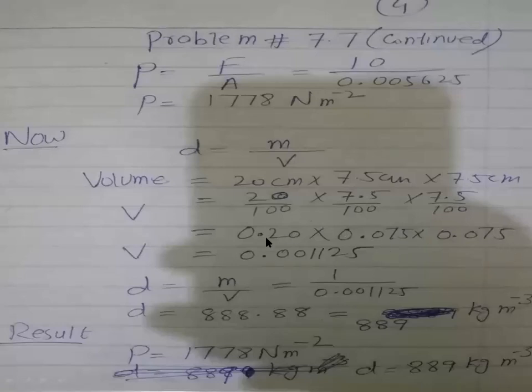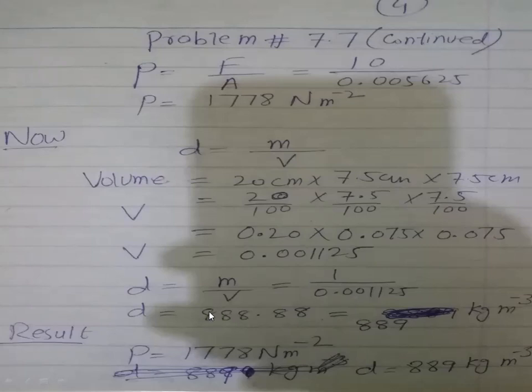If you multiply 0.20 by 0.075 by 0.075, you will get volume 0.001125. Please write down the unit here, meter cube, because I have converted centimeter cube into meter cube. The SI unit of volume is meter cube. So please write volume is equal to 0.001125 meter cube.